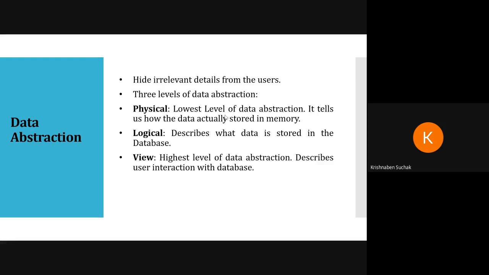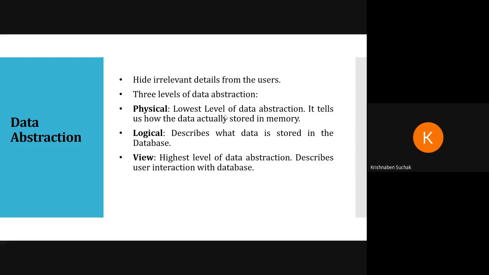But on the user side, as a customer, we can only see product name, price, and other details related to the product. We cannot see how many quantities are there, what is the product ID, because it is irrelevant for us, right? We have no work to do with it.